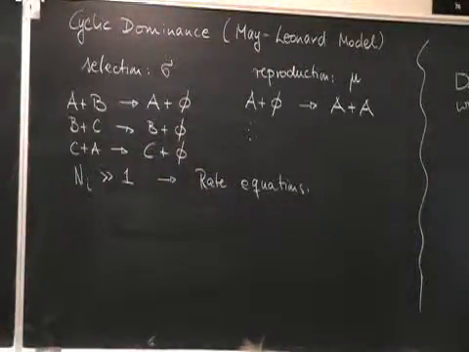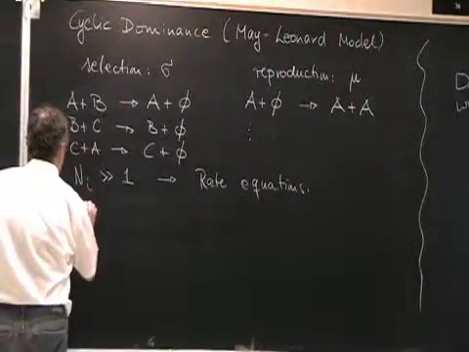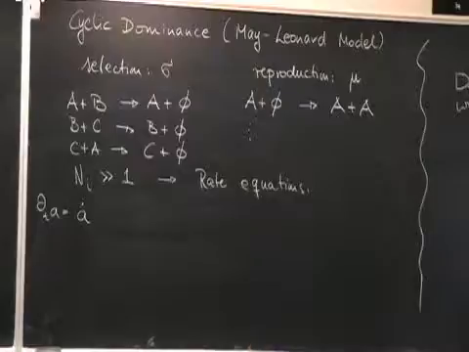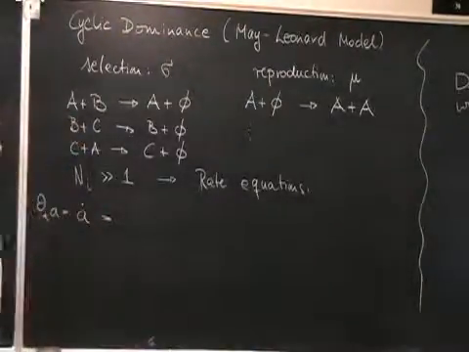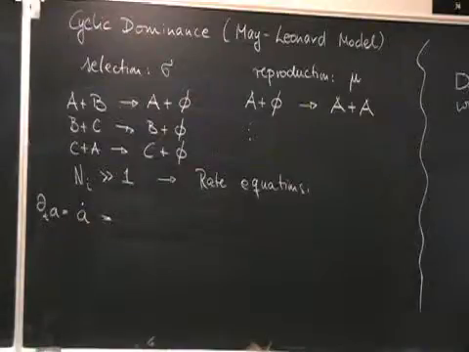Those rate equations are simple to write down. So A dot, which is the temporal derivative of A, that's the selection process plus the reproduction process.